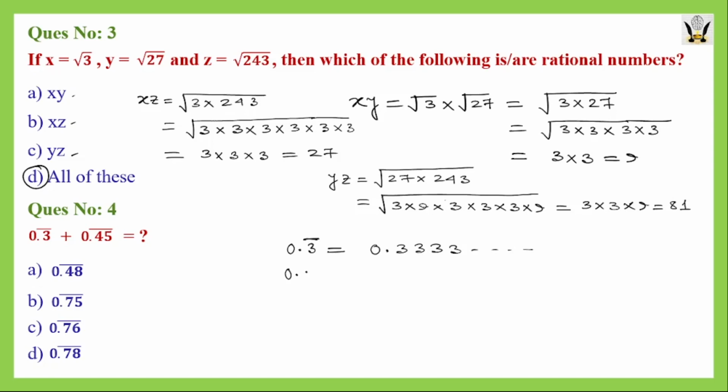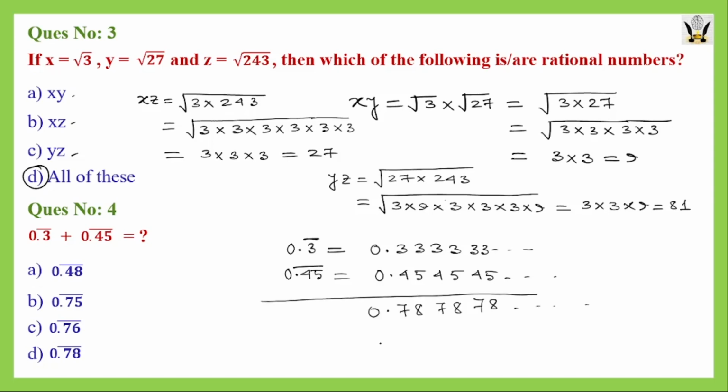And 0.45 bar is also a repeating or recurring decimal, so it will be 0.4545, then again one set of 45, and so on. Now when we add these two recurring decimals, how do we represent the result? It will be 0.78 and then bar, and that's what we have in option D, 0.78 bar. So that will be our correct option.